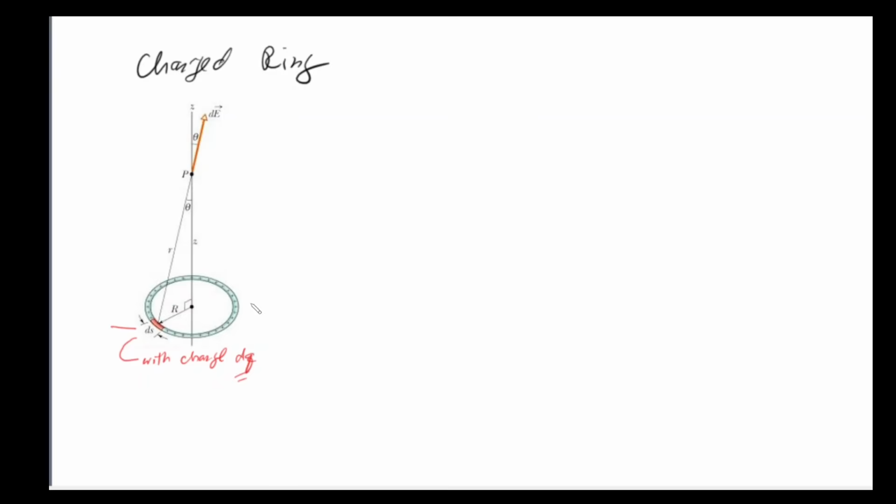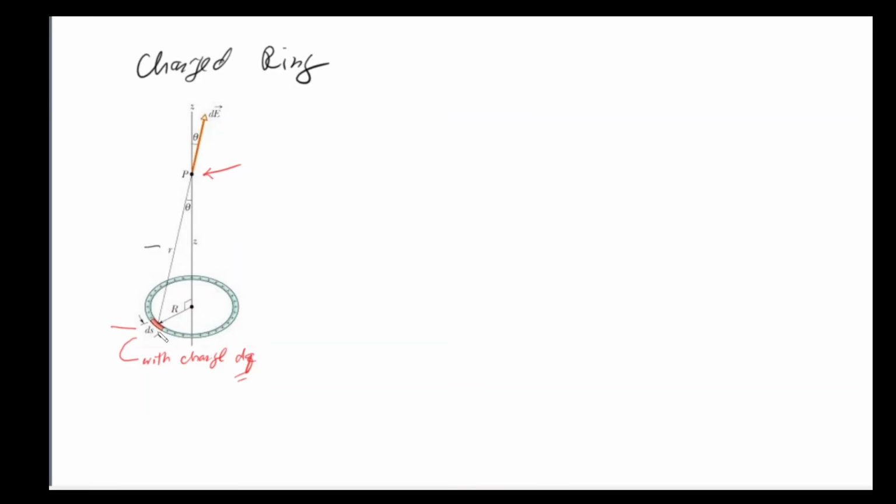The ring has a radius of capital R. We're looking at a point at a distance from the ring, and that is a distance of R from the segment on the ring, and it makes an angle of theta with the axis of the ring.